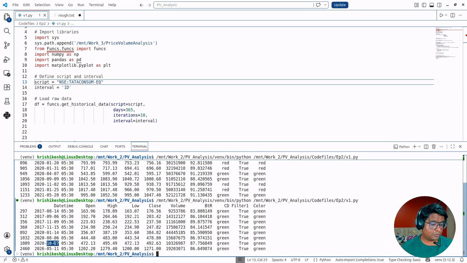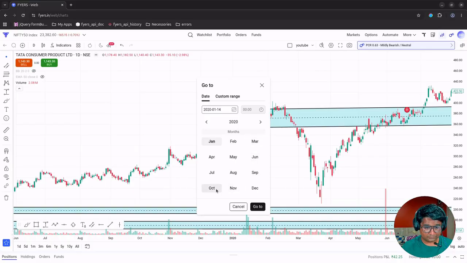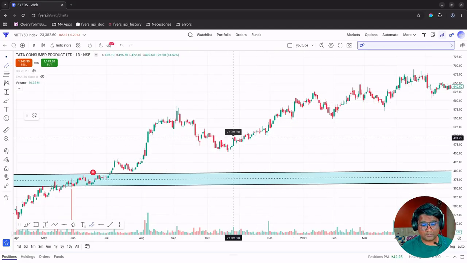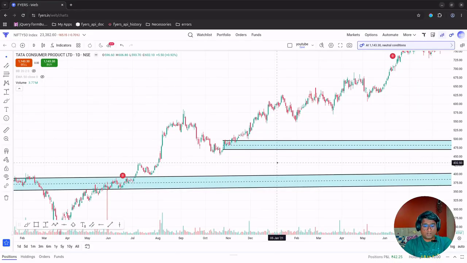Next we have 27th October 20. Again, see, this is the singular setup or strategy which will give you that $1 million instance, a multi-bagger setup, which will literally give you a superb, top-notch risk to reward.